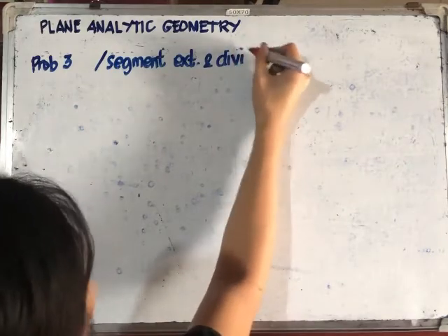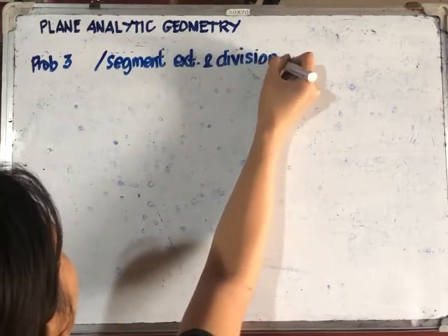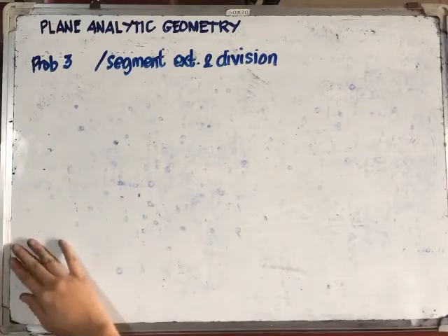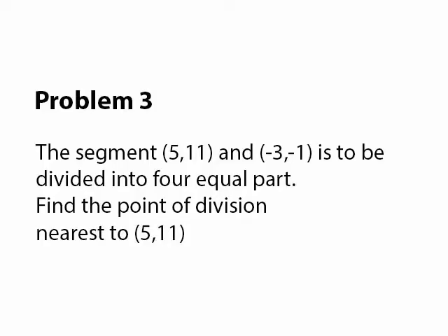And the basic knowledge that you would need to answer this type of problem are your ratio and proportion and distance formula. Okay? So number 3, a segment (5, 11) and (-3, -1) is to be divided into 4 equal parts. Find the point of division nearest to (5, 11).